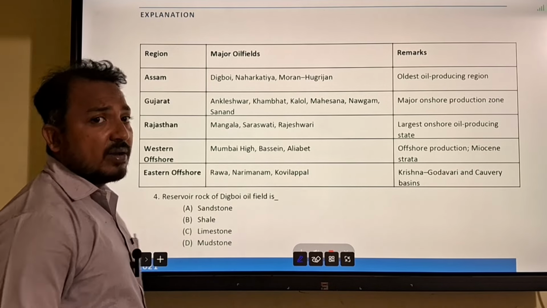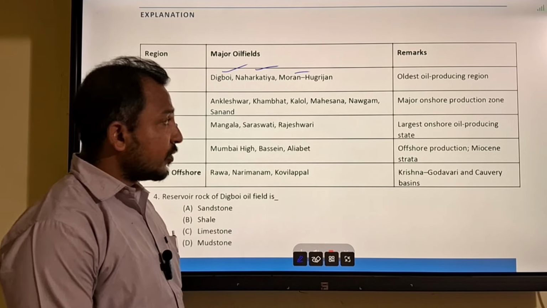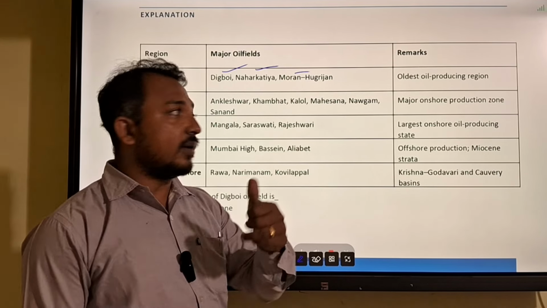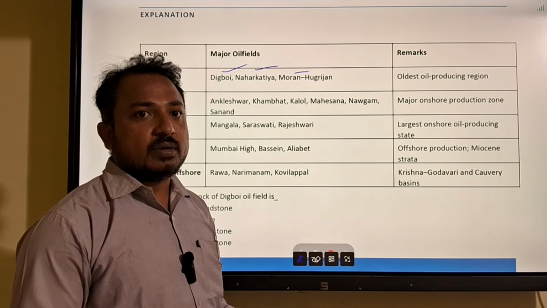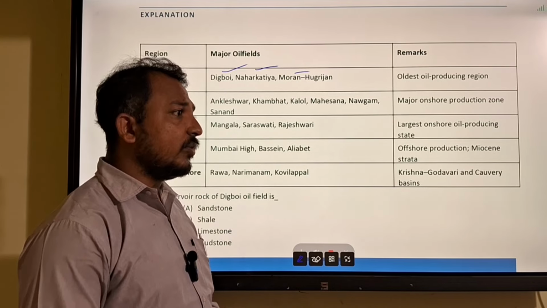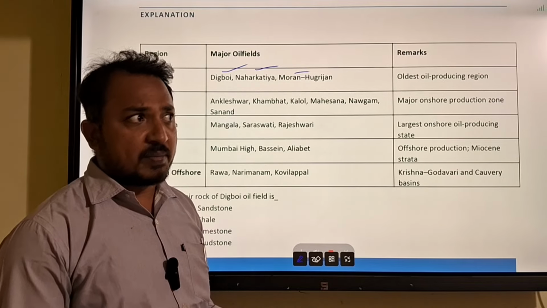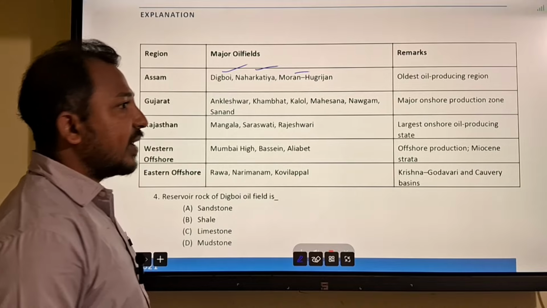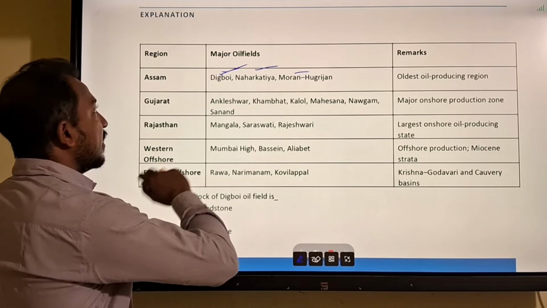In Assam you will get oil deposition in Digboi, Naharkatia, and Moran. The Digboi oil field deposit is in Tipam sandstone, if you remember, capped by Girujan clay.